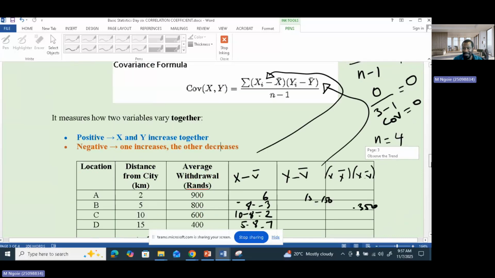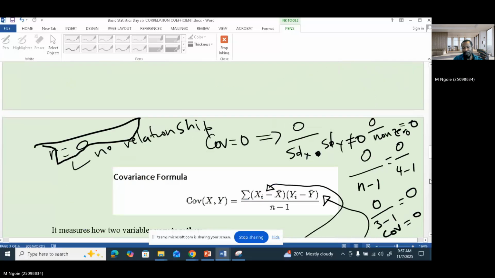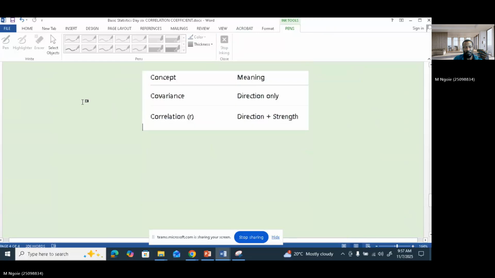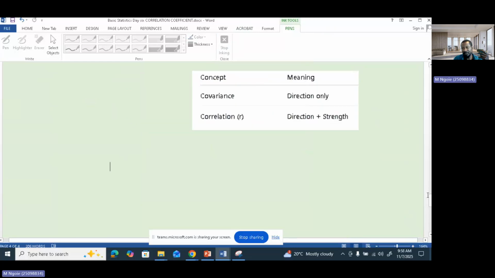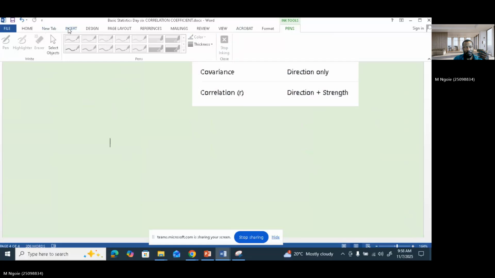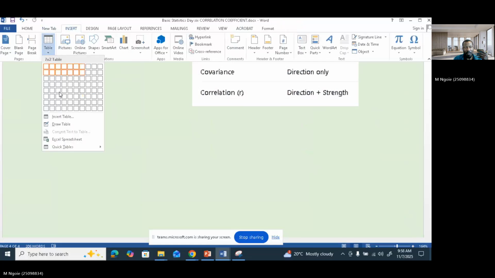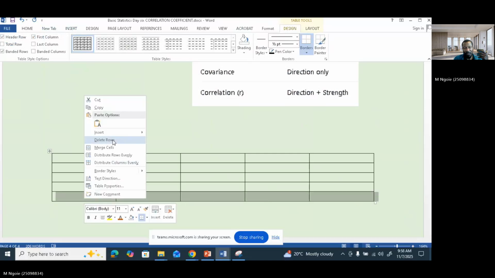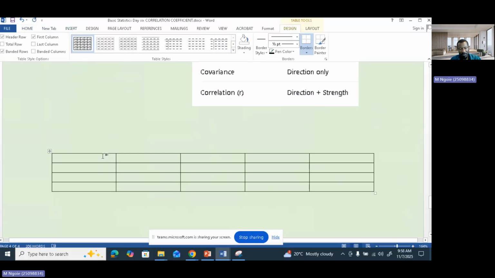Okay, let me give you another typical example. Maybe from there you are also going to master it. I want just a short one. Let's say this is your x and your y.